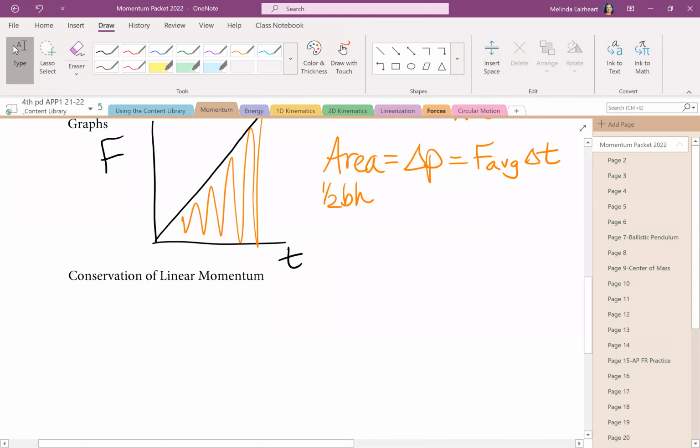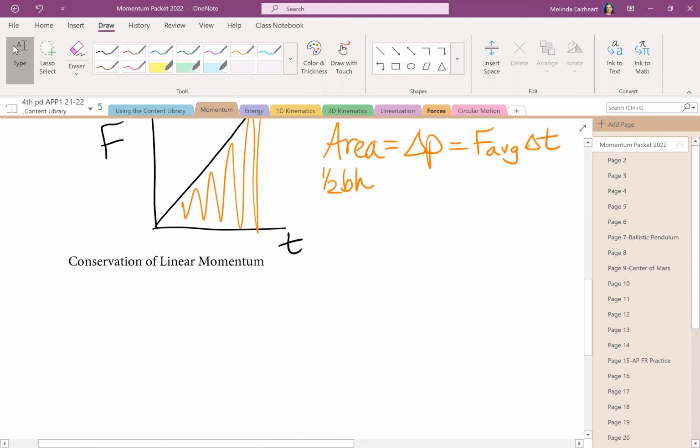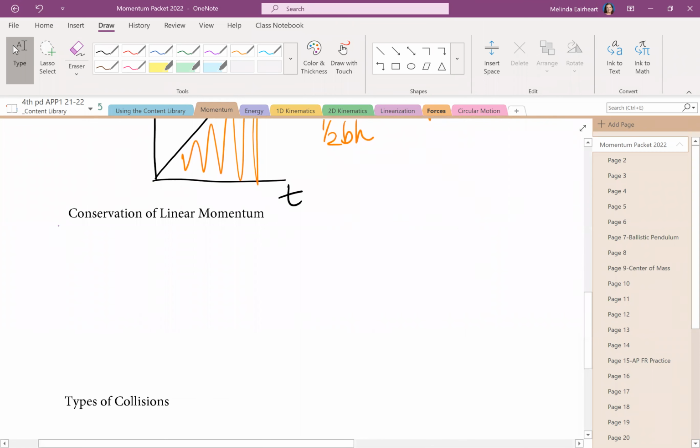All right, now to conservation of linear momentum. So linear momentum, y'all don't know any different, but after spring break, when we do rotation, we'll see angular momentum. It's going to be similar but different. And so here we have conservation of linear momentum. Well, this is just an extension of Newton's third law.